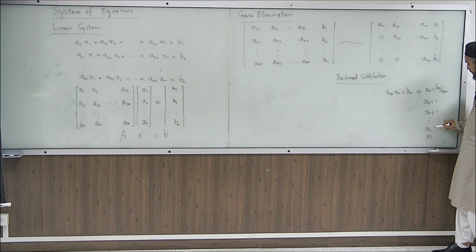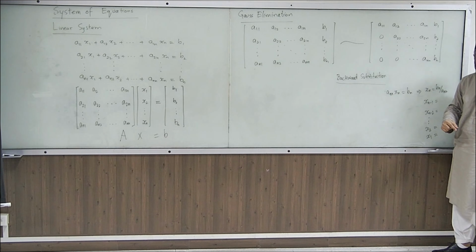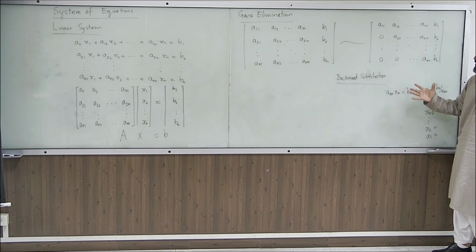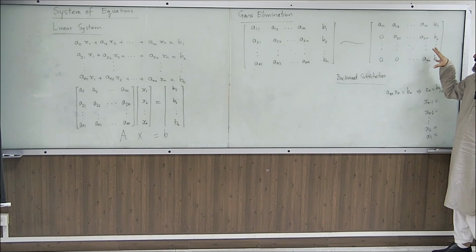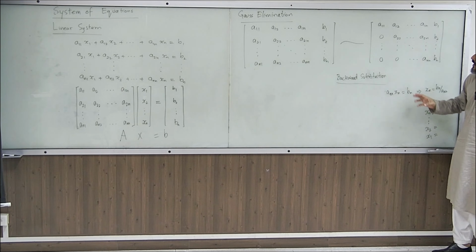So that is the objective of our problem, that we wish to find the unknown vector x. That's how we perform the Gauss elimination. There are two steps mainly: converting to upper diagonal form and then doing the backward substitution.